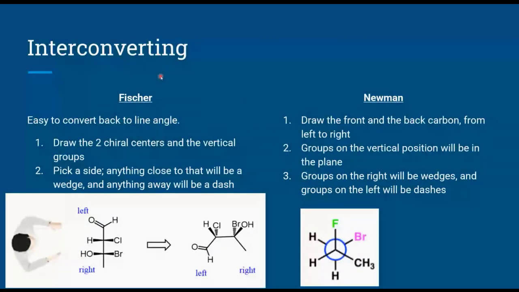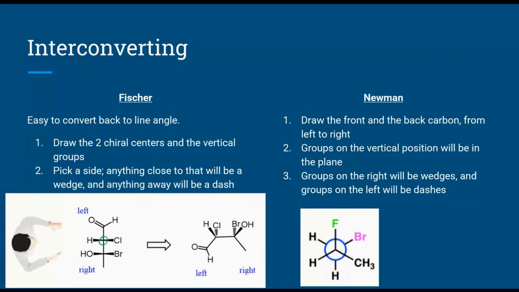So now we're going to talk about converting between Fisher and line angle and Newman in a line angle. This is actually a lot easier than converting from line angle to Fisher. So first we're going to draw the two chiral centers and their vertical groups.